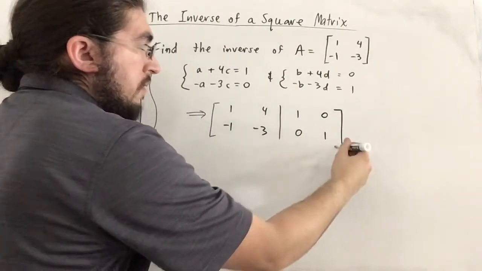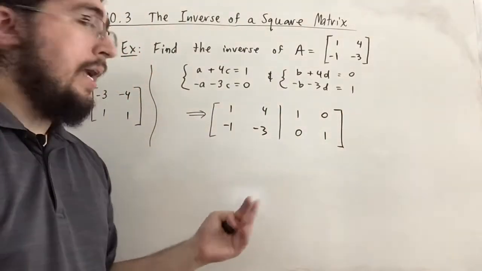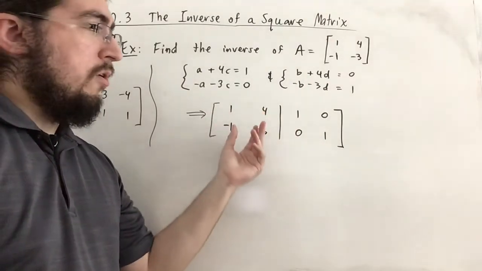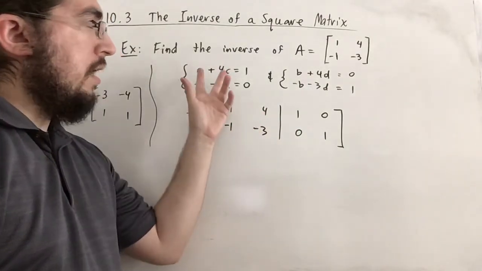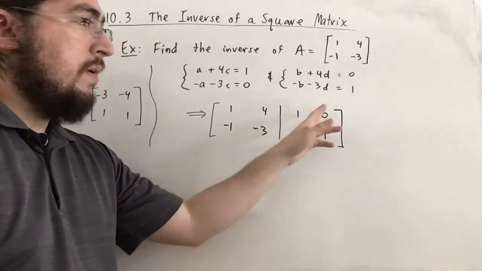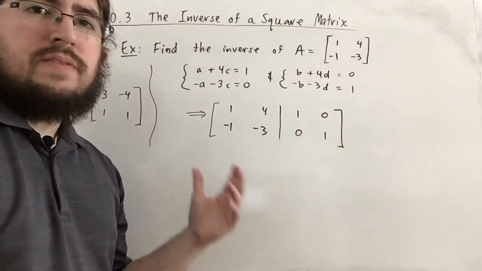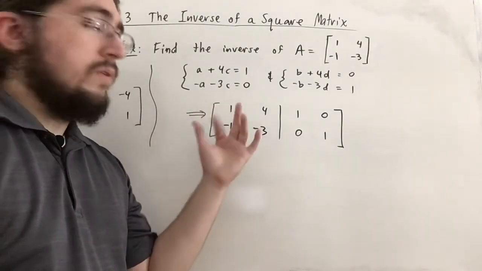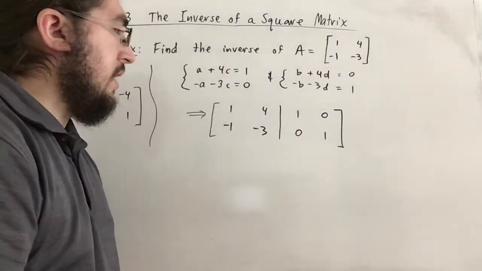So basically we're solving the two systems at the same time, when this is equal to 1, 0, and when these coefficients with the variables a, c or b, d are equal to 0, 1. So we'll get one solution for each variable, so 4 variables total, obviously.